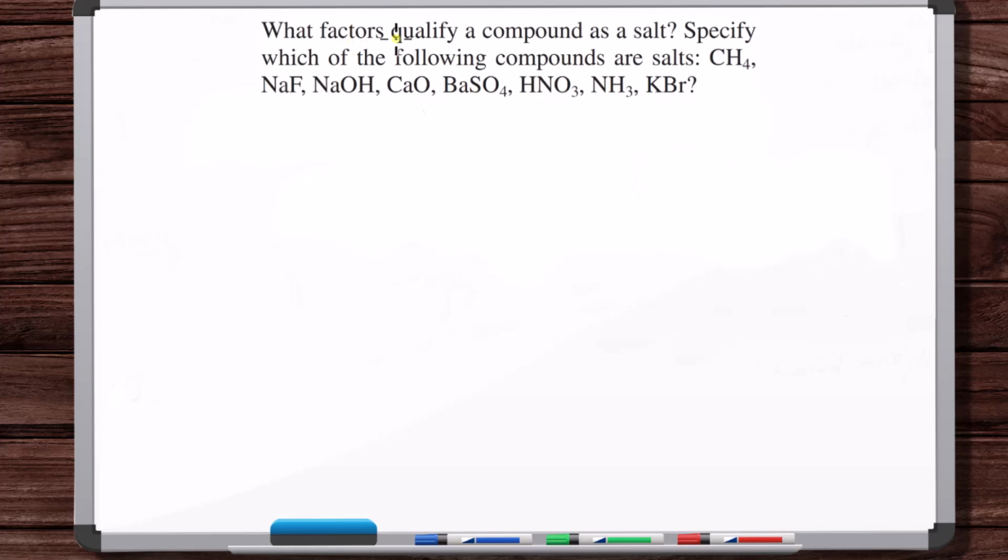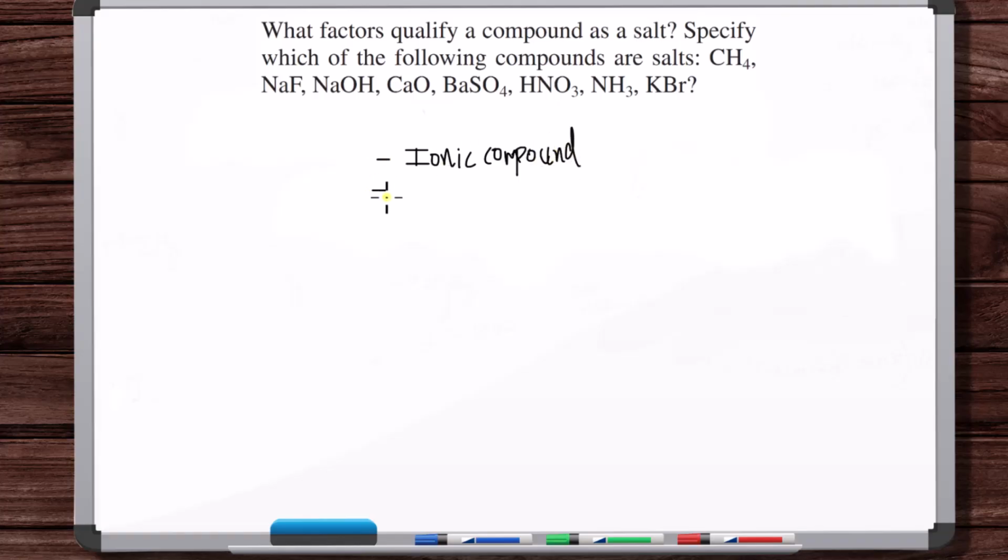All right, now, what factors qualify a compound as a salt? And then specify which of the following compounds are salts. Okay, so the textbook tells us that a salt is an ionic compound. That's the first characteristic, an ionic compound.